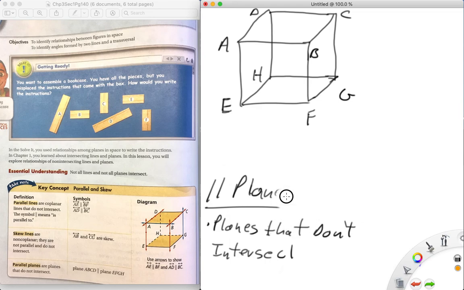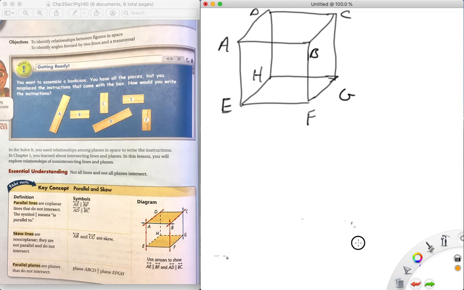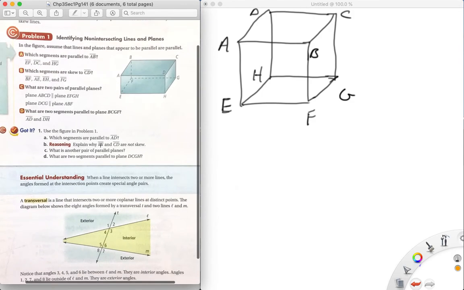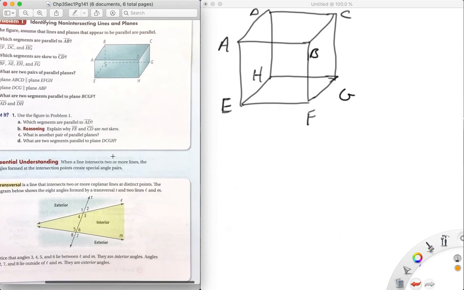Okay, parallel planes. Now these are just asking you what's parallel and what's intersecting and skew and stuff.